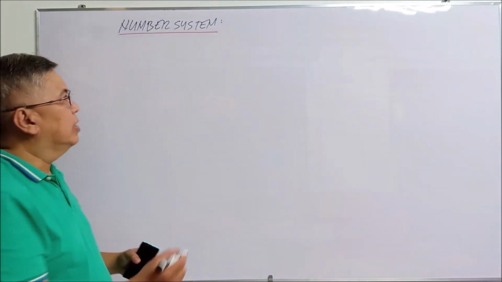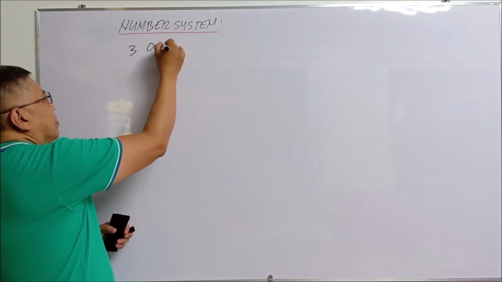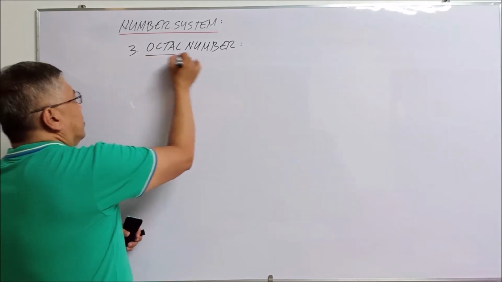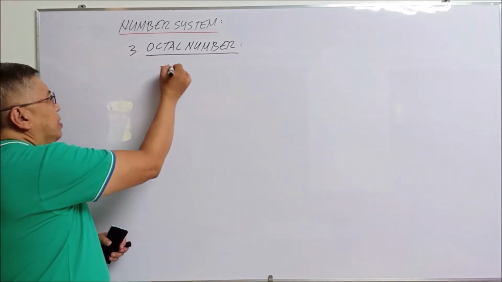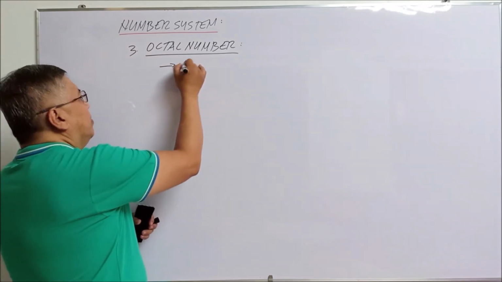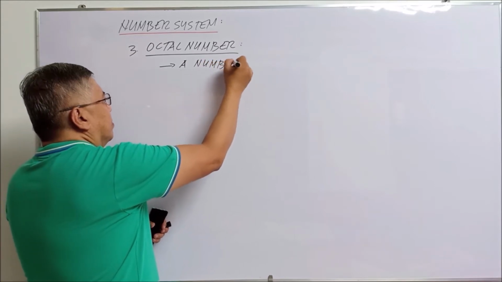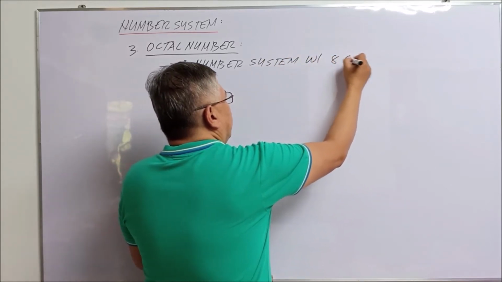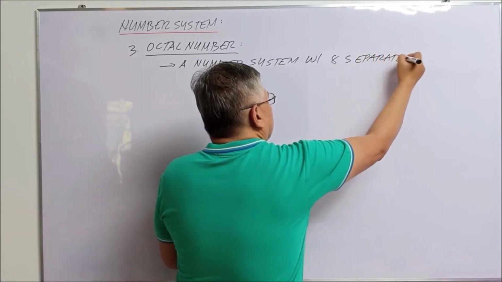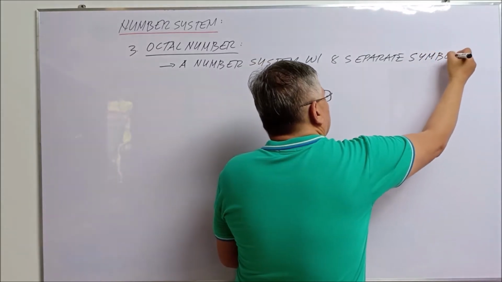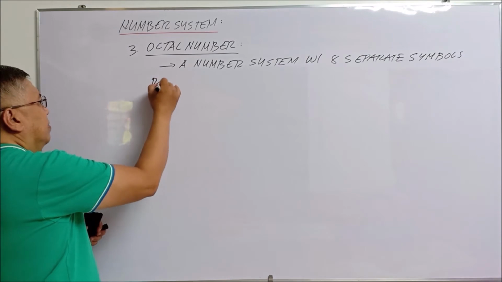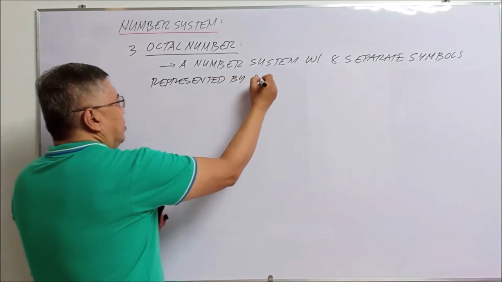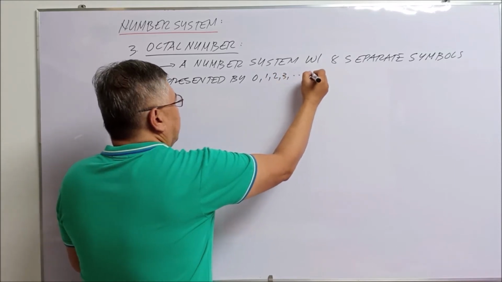Next is the octal number system. In our subject, we define the octal number system as a number system with 8 separate symbols represented by 0, 1, 2, 3, up to 7.